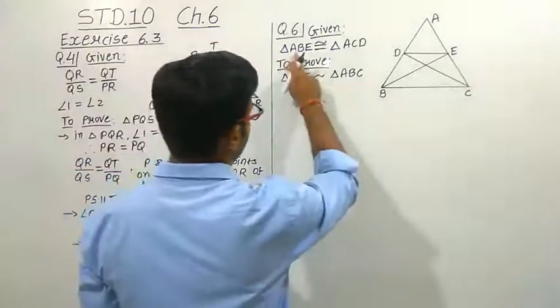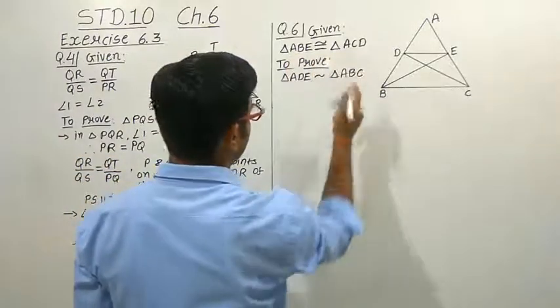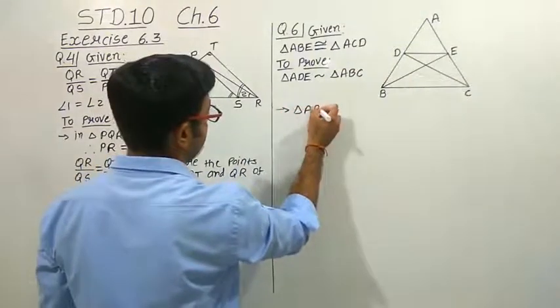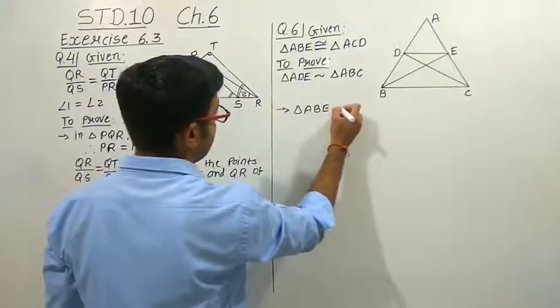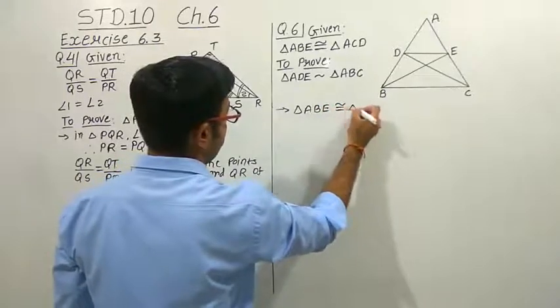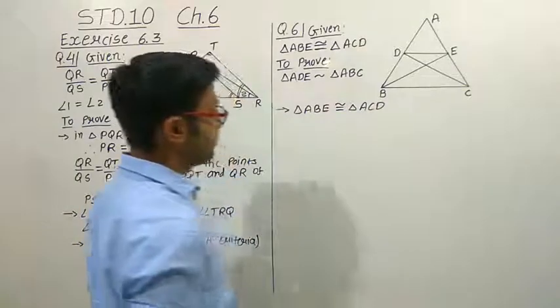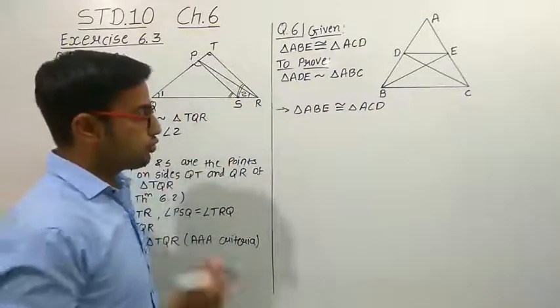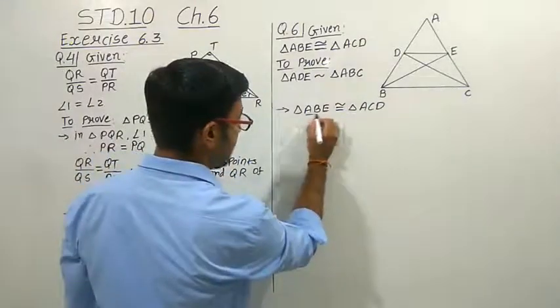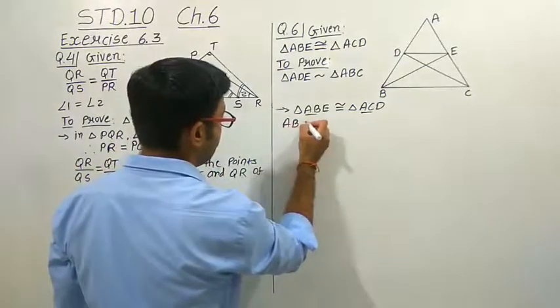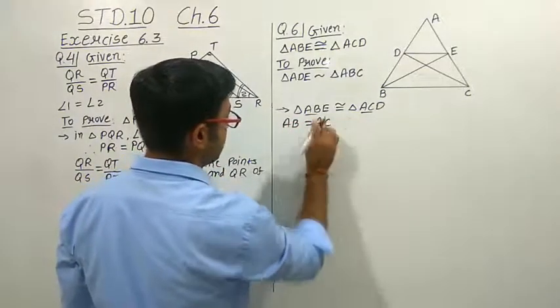We are given that triangle ABE is congruent to triangle ACD. So let's start from that. Now we know that if two triangles are congruent, their corresponding parts are equal. So AB side will be equal to AC side. AB is equal to AC, right?